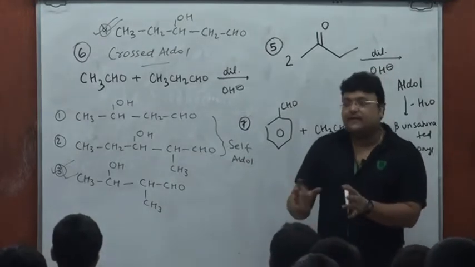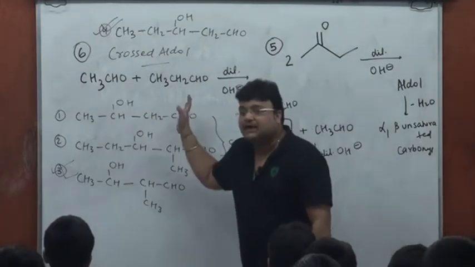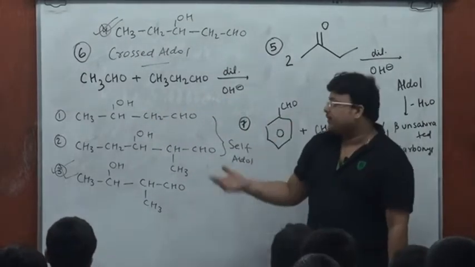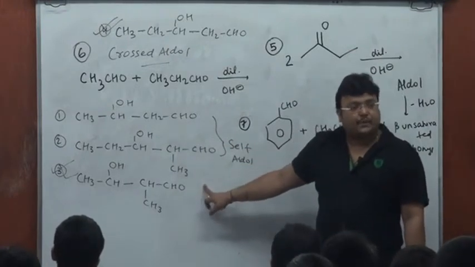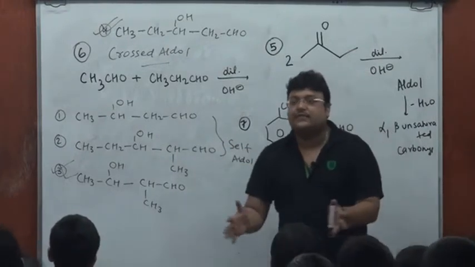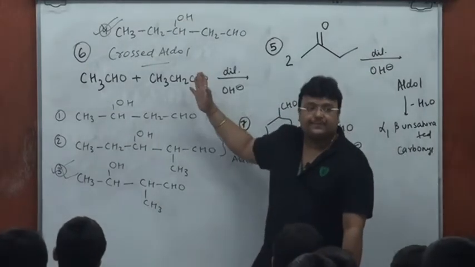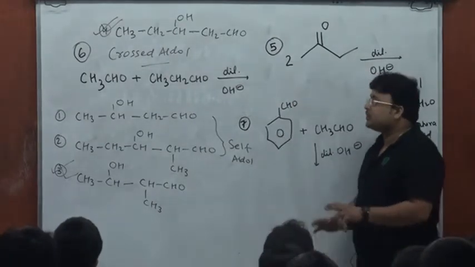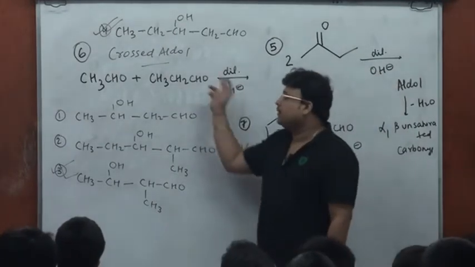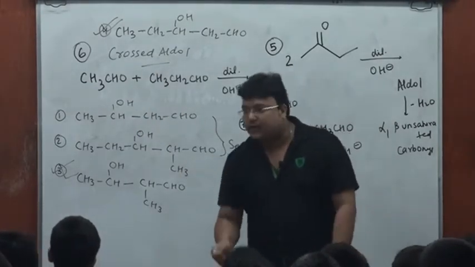That 1 and 2 are self-aldol products, and to get either 1 or 2, I will not need a mixture of carbonyls. Certainly if I need 1, I will work with ethanol only. If I need 2, I will work with propanol only. So if I am working with a mixture of ethanol and propanol, it's with an objective of getting 3 or 4. Yes or no? So you need to agree that an aldol of this kind will be performed if I need crossed aldol product.